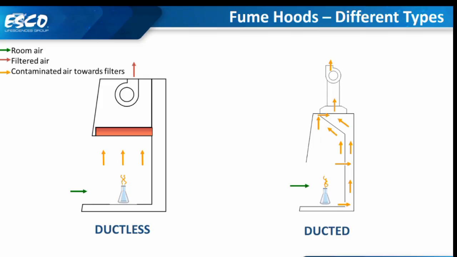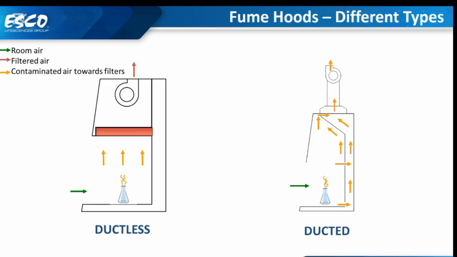So the three colors apply only on the ductless fume hood. Room air goes in, and then yellow air is the fumes and vapors from the chemicals, and then it's filtered here by the filter and released to the environment as filtered or clean air.